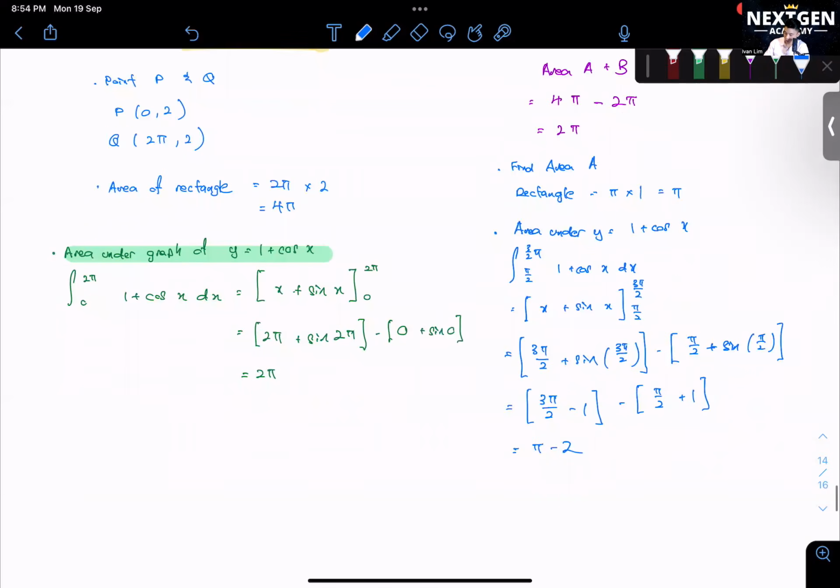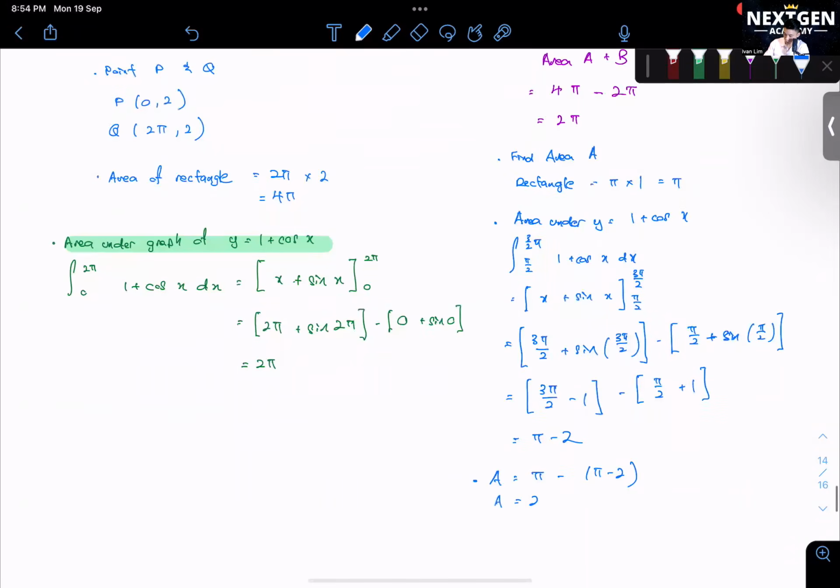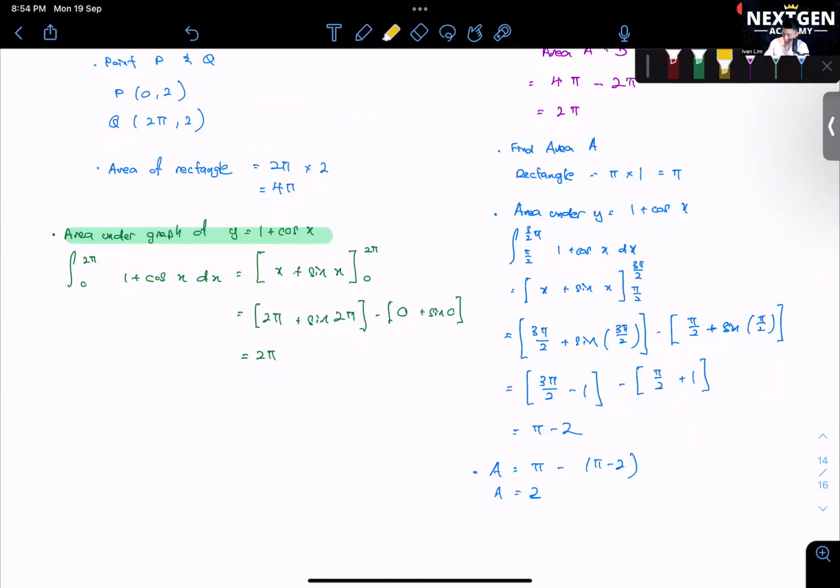So the area for A will be the rectangle minus the area under the graph. So pi minus (pi minus 2). So area A is equal to 2.